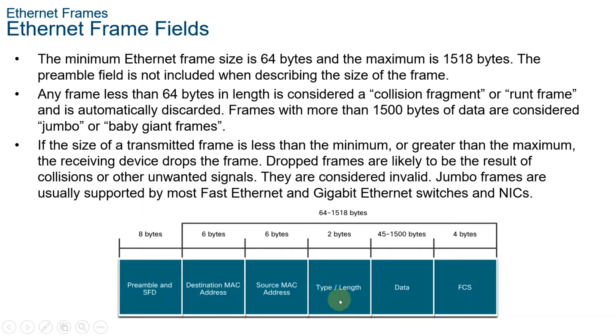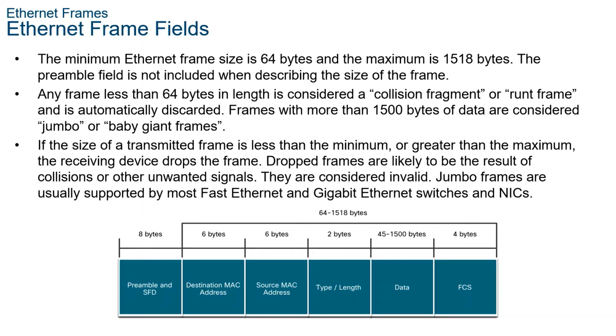The next one is the type or length. This 2-byte field identifies the upper layer protocols encapsulated in that Ethernet frame. Common values in hexadecimal are 0x800 for IPv4, 0x86DD for IPv6, and 0x806 for ARP.